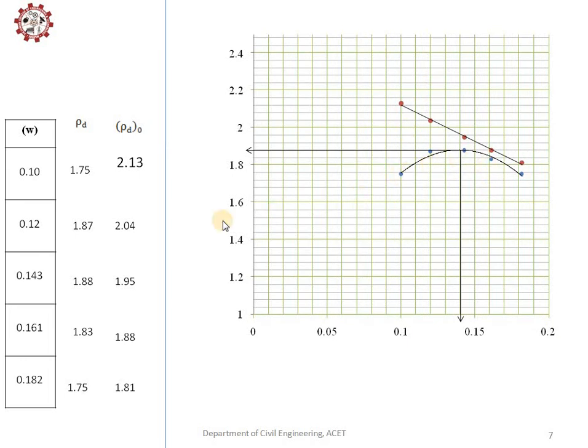You are plotting a graph between water content and gamma D. The first water content is 0.1, so this is your 0.1. In that you are getting 1.75, so this is your 1.75. This is 1.6 and this is 1.75, so this is the first point. Similarly 1.87, 1.88, 1.83 and 1.75.